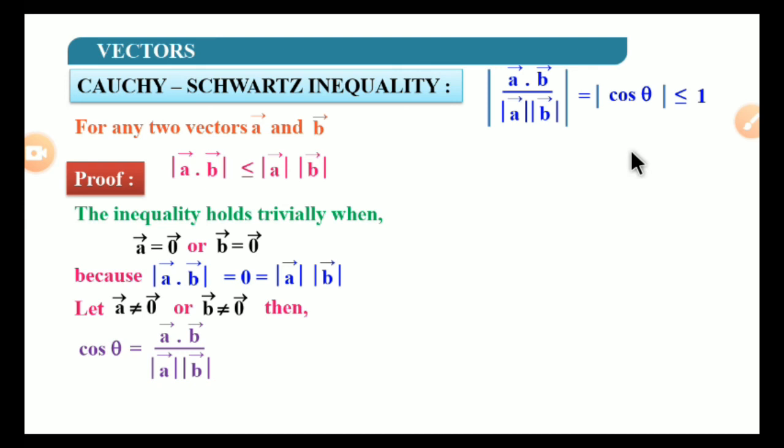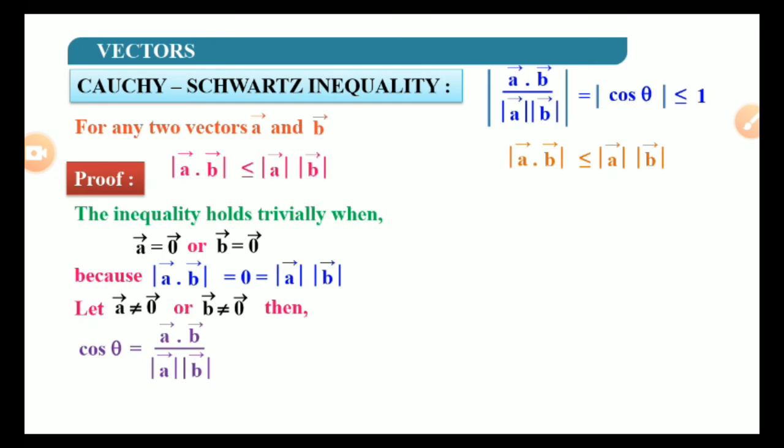Therefore, the magnitude of A dot B is less than or equal to, transferring this denominator to the right hand side, the magnitude of A times the magnitude of B. So this is the proof of this Cauchy-Schwarz inequality.